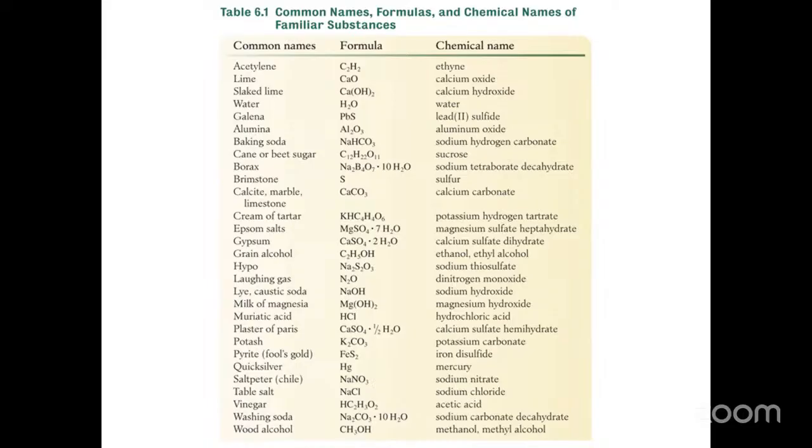Calcium and oxygen are present in that compound. Lime doesn't tell you anything; it's just a common name associated with that substance. You can see other similarities when you compare the common names to the chemical names for other compounds.